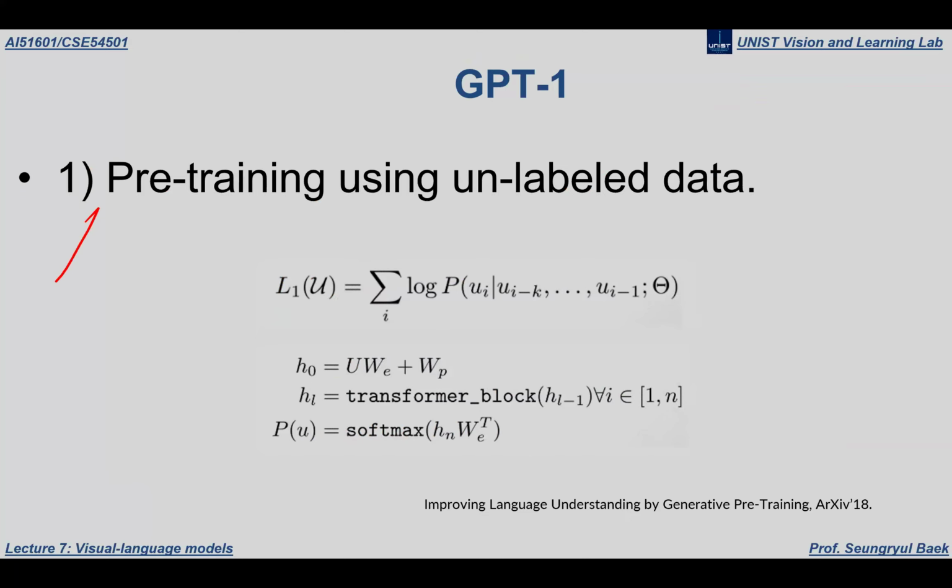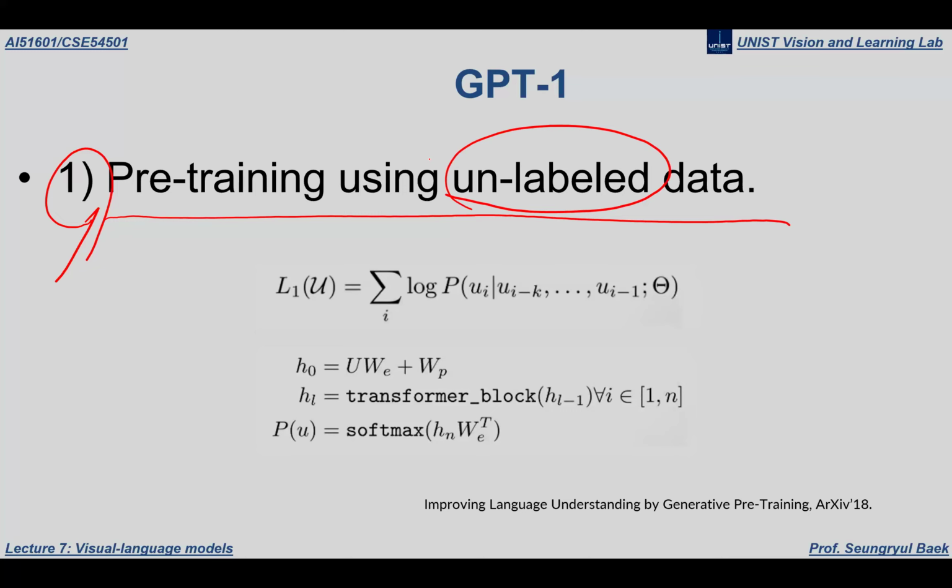And what they do is first pre-train the overall architecture using unlabeled data, because making labels takes lots of labor and sometimes it is hard to get many labels.